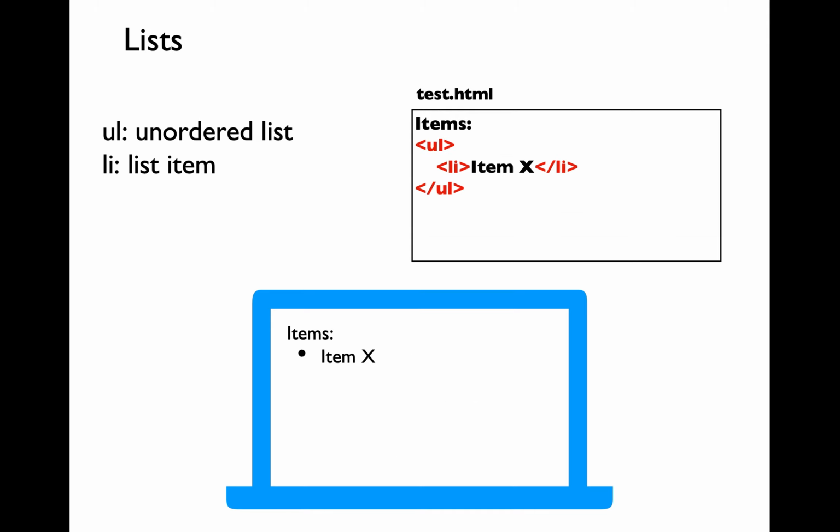Let's talk about how to create lists inside the HTML format. So I'm sure all of you have seen examples of web pages where they have either ordered list or unordered list. Let's first talk about unordered list. Unordered list is when you have bullet points, right? So you're going to have a list of bullet points where each item will be preceded by a bullet point.